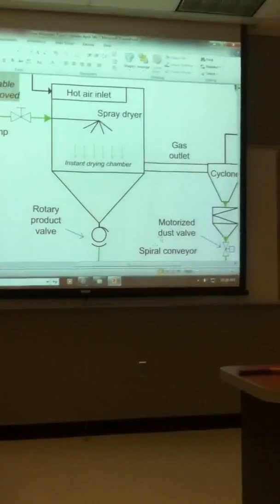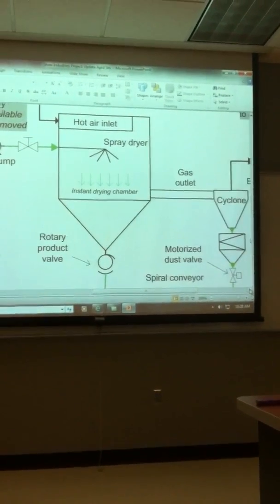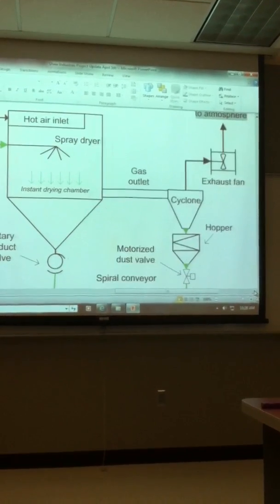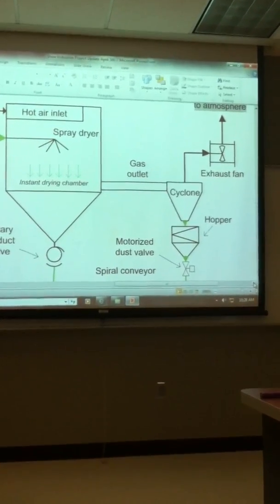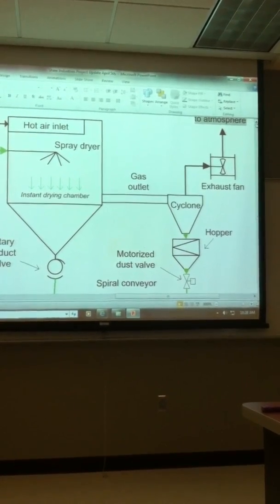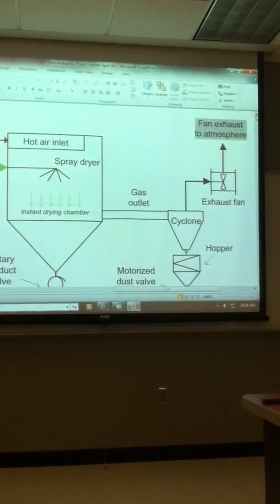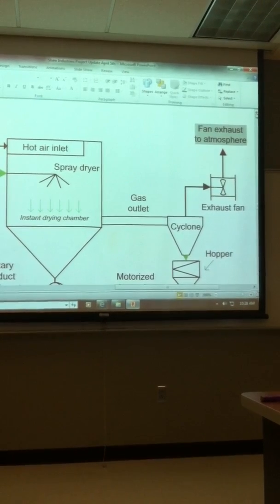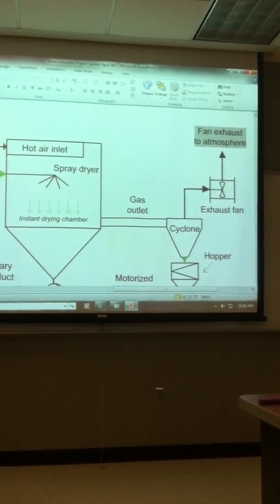Gas that goes in is fed through the gas outlet. Any particulates that remain in the gas are put through a cyclone and down through a hopper, and the remaining gas is pulled into the atmosphere using the fan exhaust.